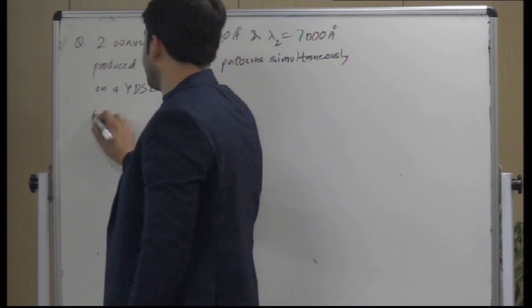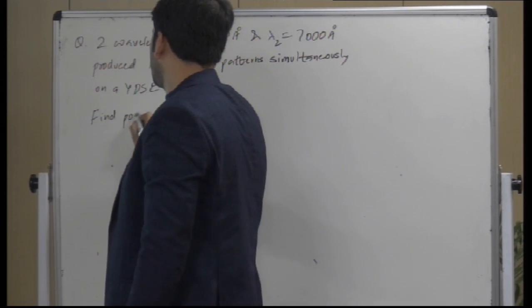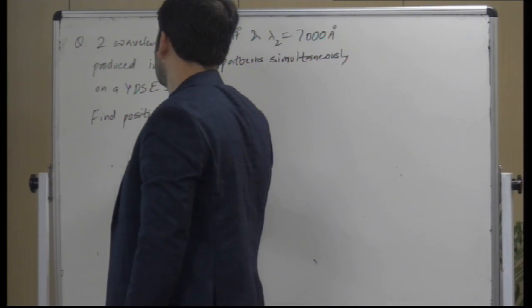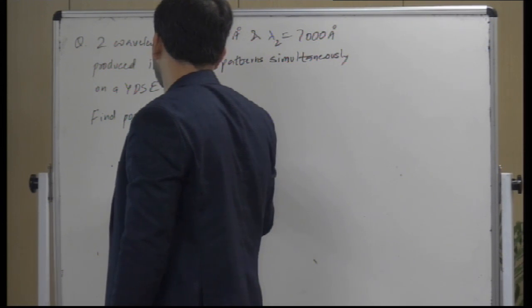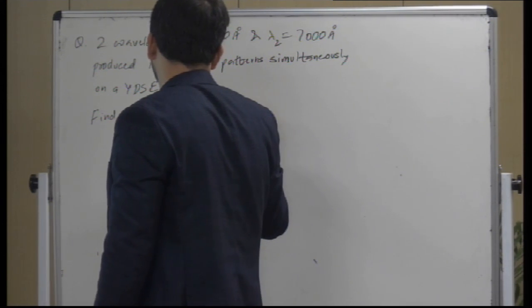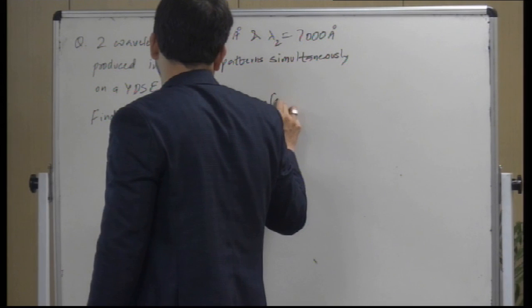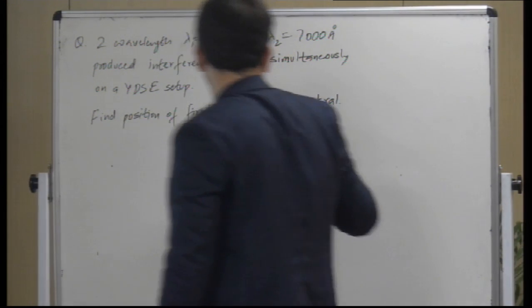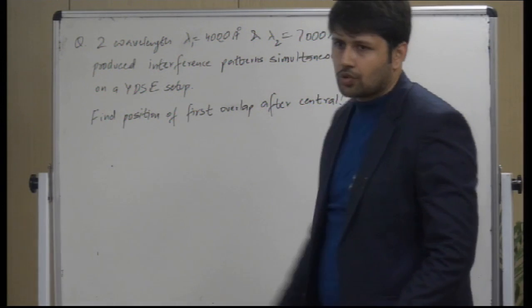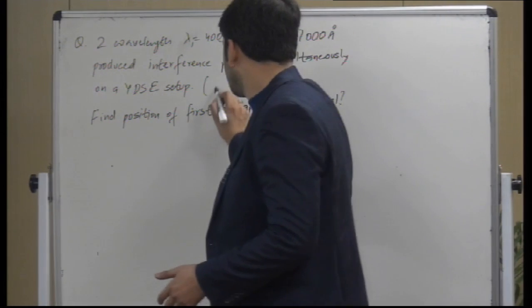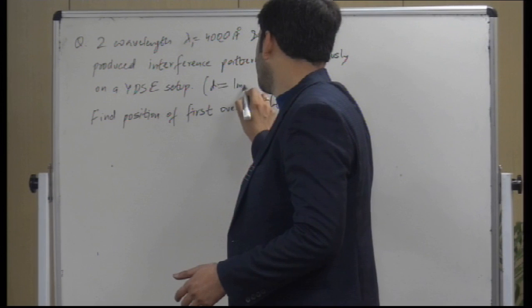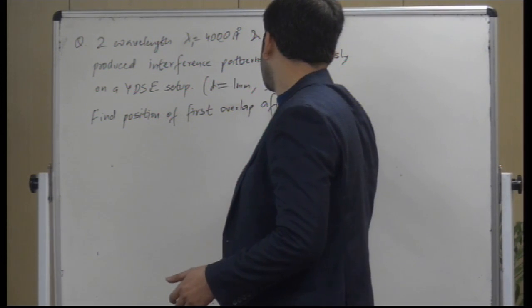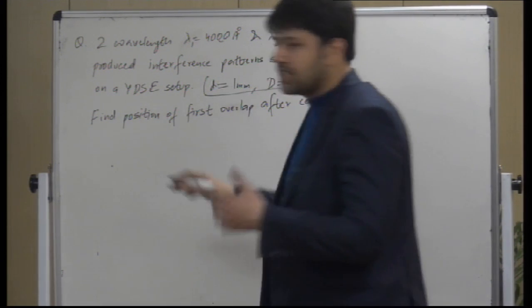You have to find the position of the first overlap after the central one. You can take small d as 1 mm and capital D as 2 meters. Wavelengths I have already given.